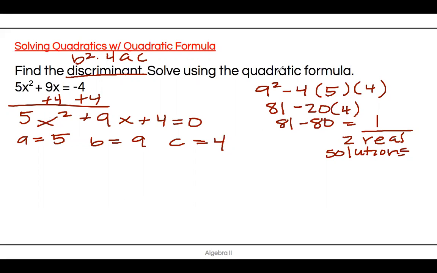Then we want to use the quadratic formula. So that's going to be x is equal to negative b, which is negative 9, plus or minus the square root of b squared minus 4ac, which is your discriminant, which is just 1, all over 2 times a, which is 5.